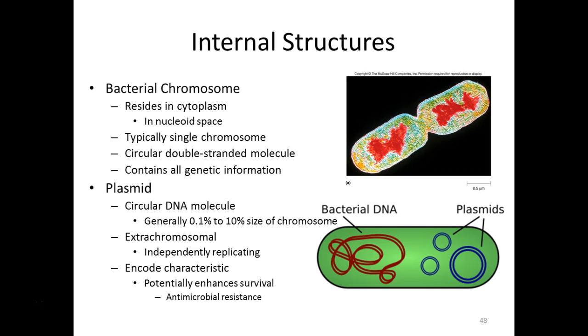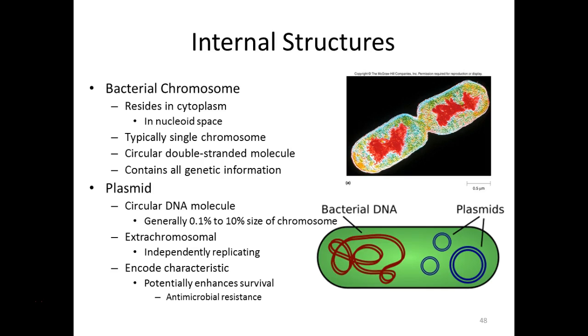They encode characteristics that potentially enhance survival. And so the scariest plasmids out there for us are plasmids that are known as resistance plasmids or R plasmids. These contain information, DNA, that tell that cell how to make things that destroy antibiotics.